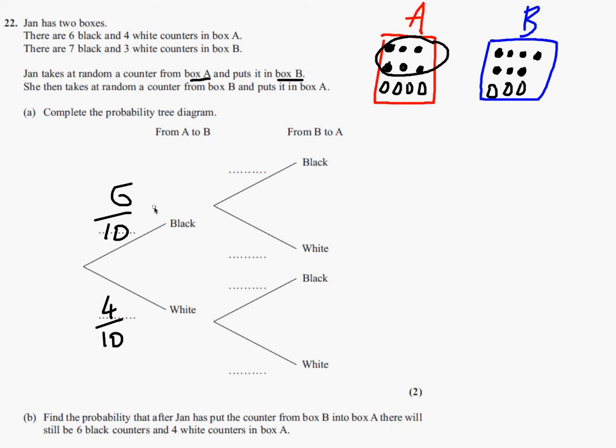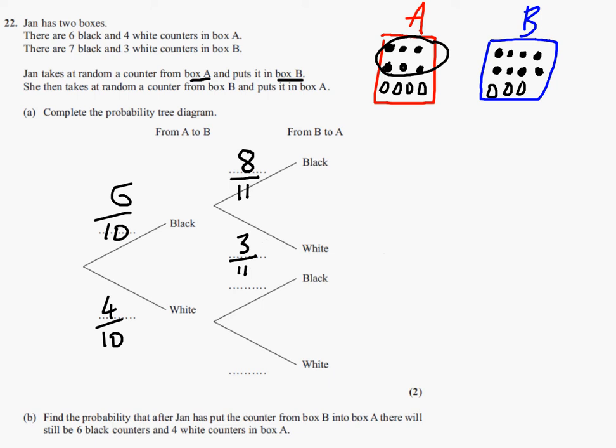So if they choose a black first of all and put it into box B, that means there's going to be an extra black now in box B, making the probability of choosing a black 8 out of 11, and therefore the probability of picking a white is 3 out of 11.